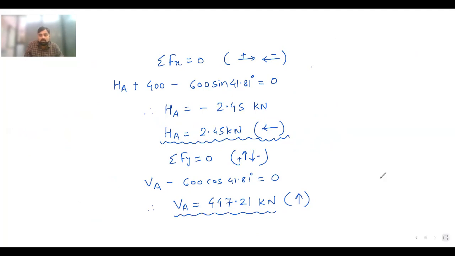First of all, I will draw half of the diagram so that you will understand. Here is the force HA, it is moving in this direction. The force VA is moving vertically upwards, so it is like this.